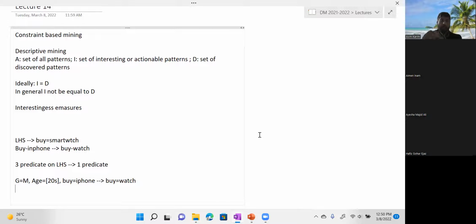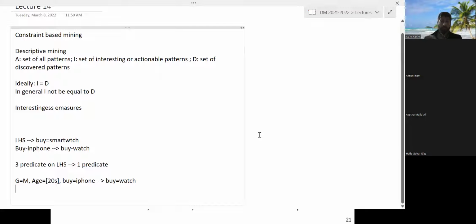So the summary here is that you can also specify constraints in the form of templates. Templates could be very simple, like the number of predicates that you want on the left-hand side and the number of predicates on the right-hand side. Templates could also specify some specific things like iPad or iPhone or watch.